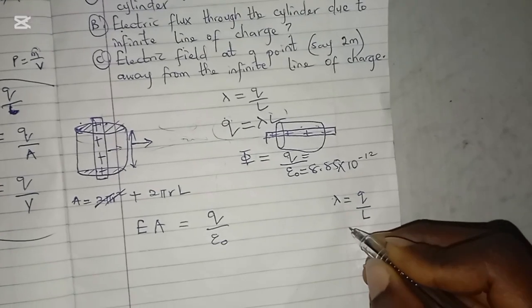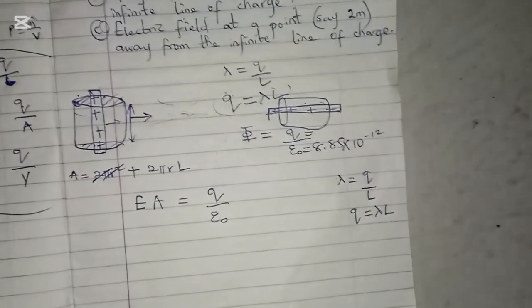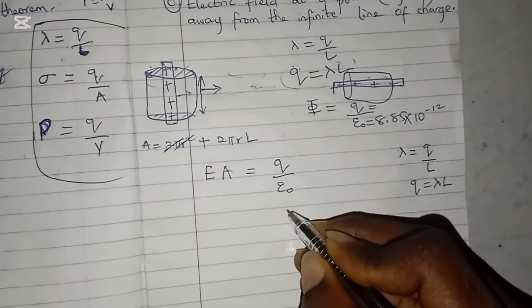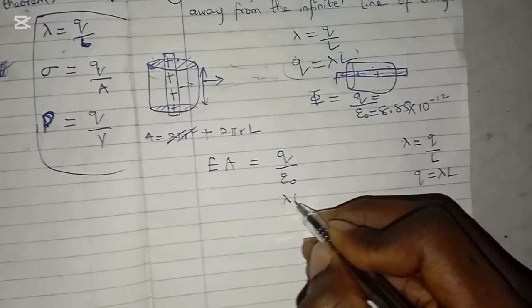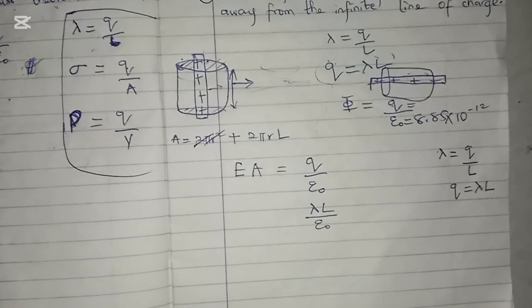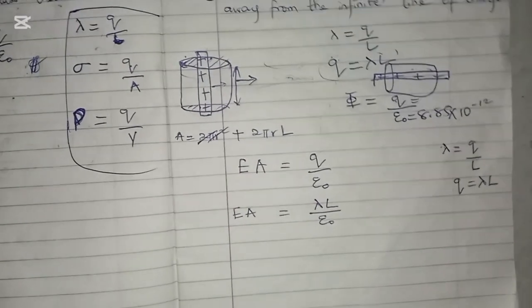So make charge the subject of the formula, so that Q equals lambda L. I will now replace this for the charge up here, so that I now have lambda L all over epsilon naught, which will equal EA.